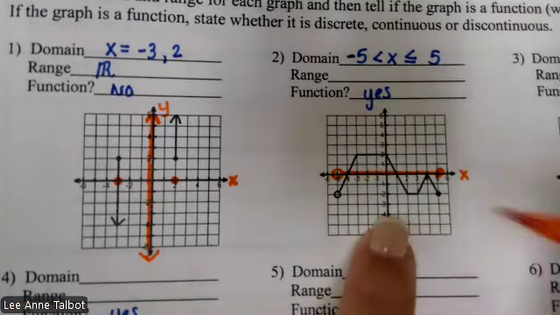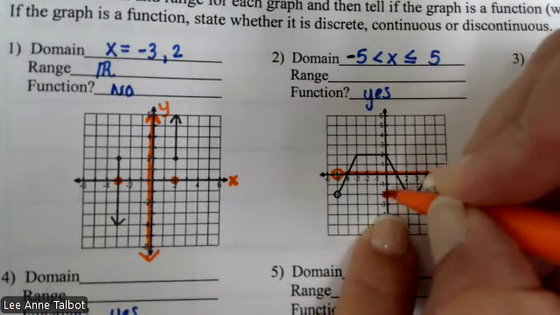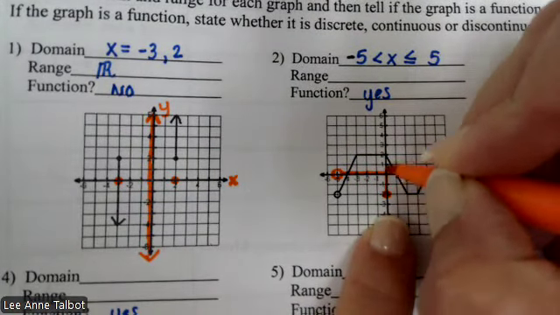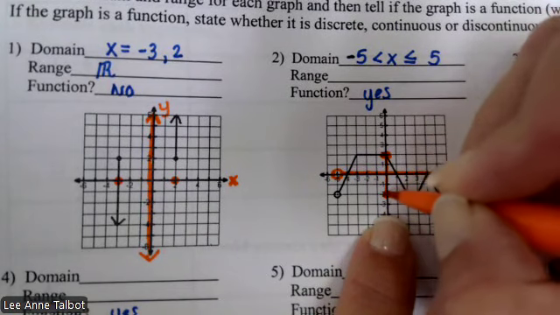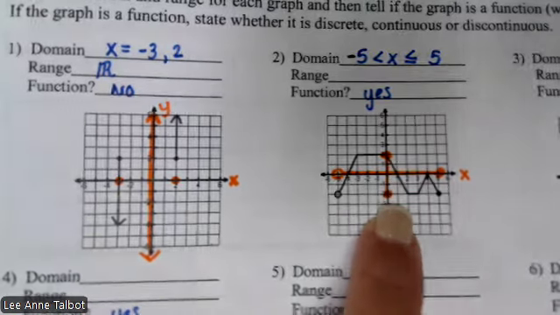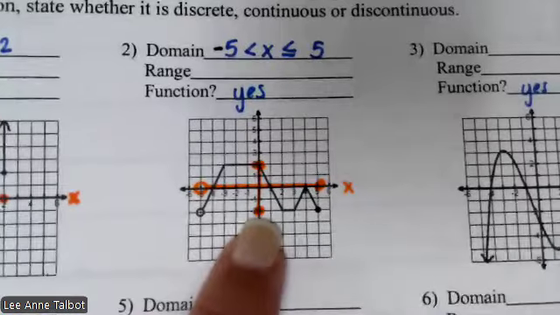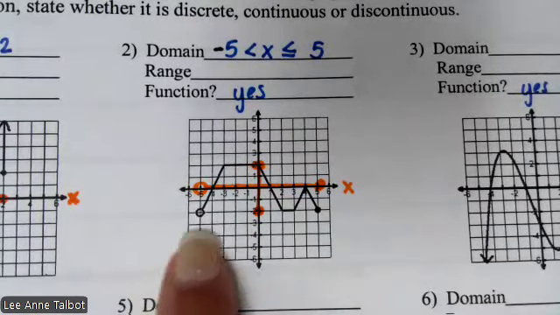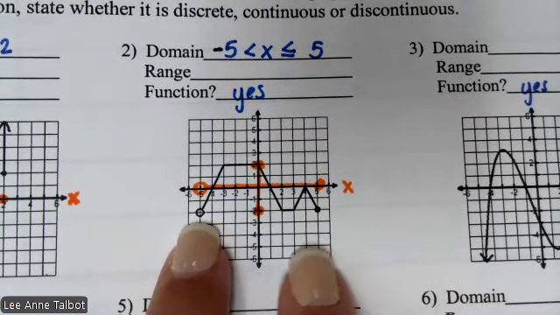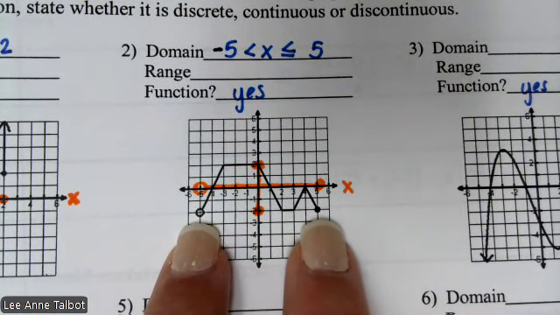Okay, now the range. The bottom of the graph is here. The top of the graph is here. Put in my circle. Do you guys see that it's open here and closed here and closed here?